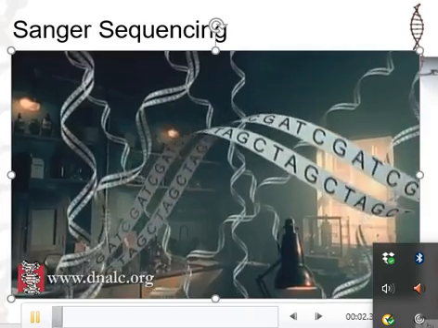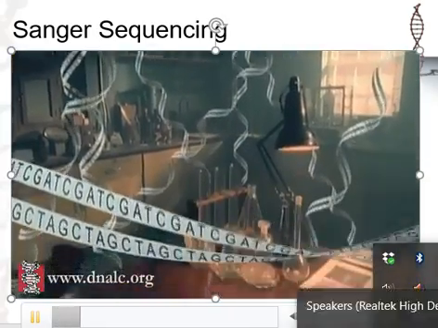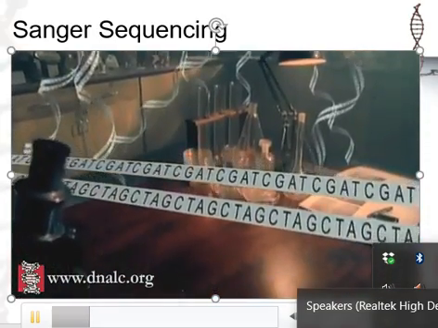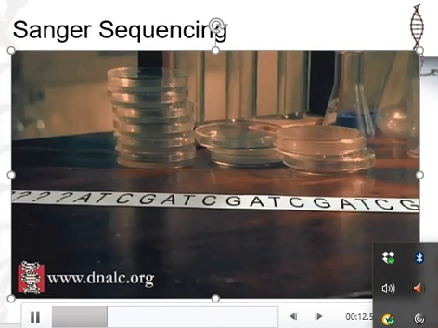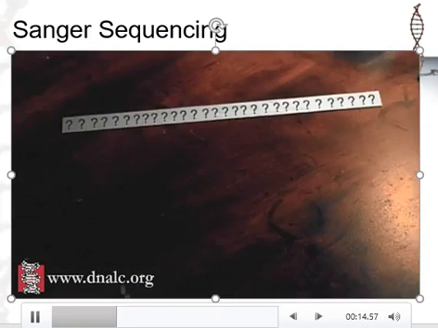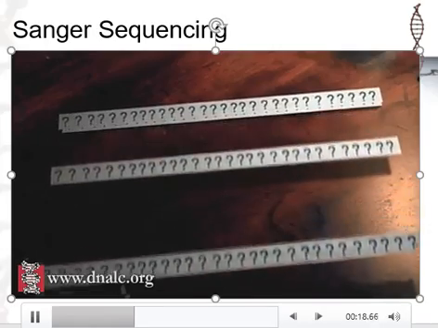The first method of sequencing the genetic code was devised by Fred Sanger. To sequence the DNA, it must first be separated into 2 strands. The strand to be sequenced is copied using chemically altered bases.